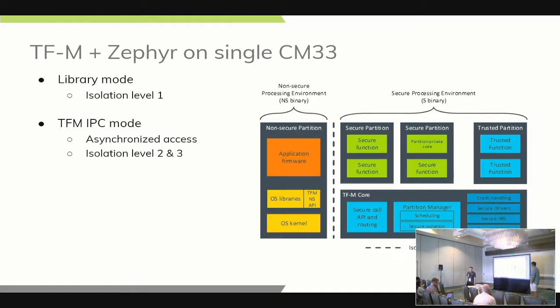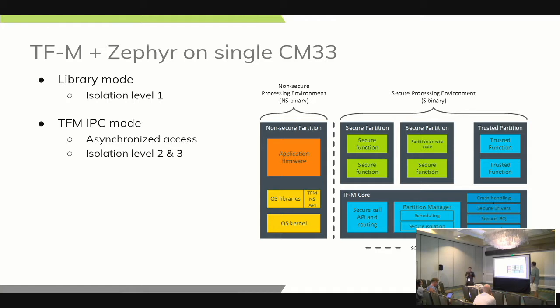As the diagram shows, the NS side calls secure services by NS APIs to the secure side. Each secure service in TF-M will have its own APIs. We call it library mode of TF-M.